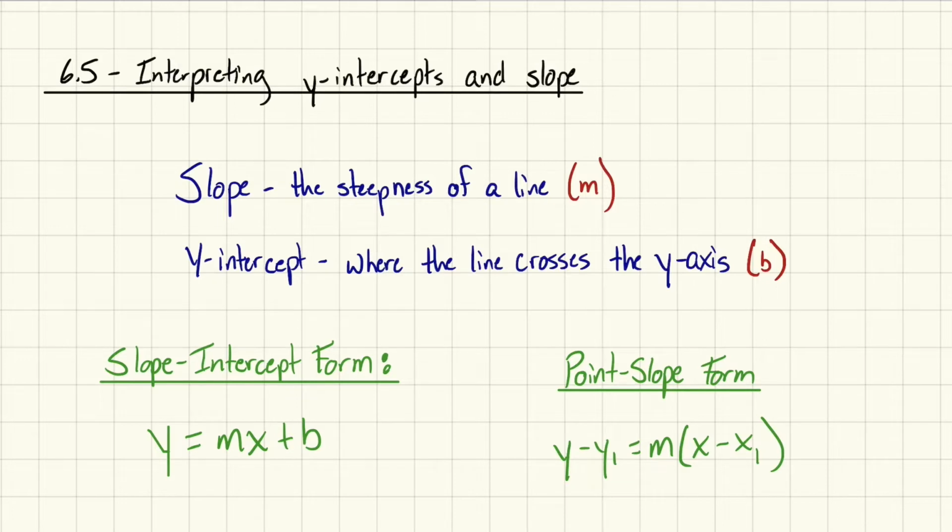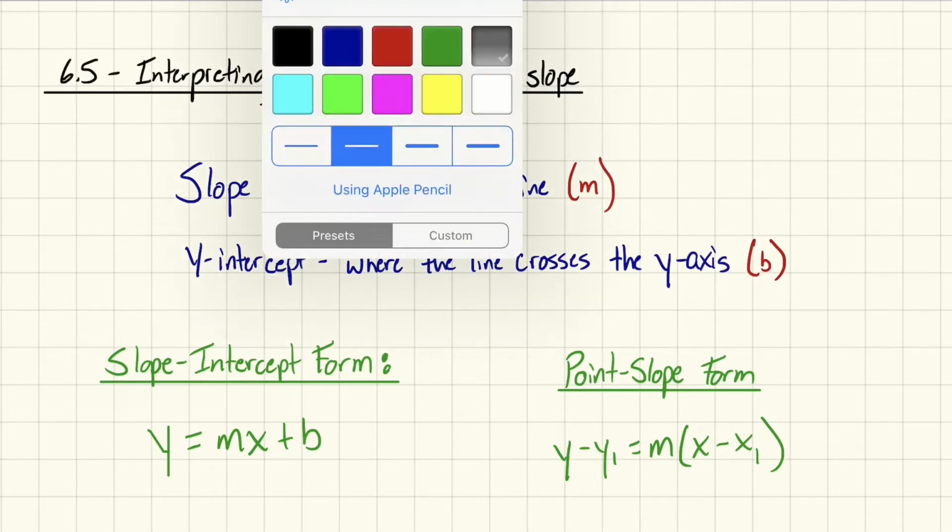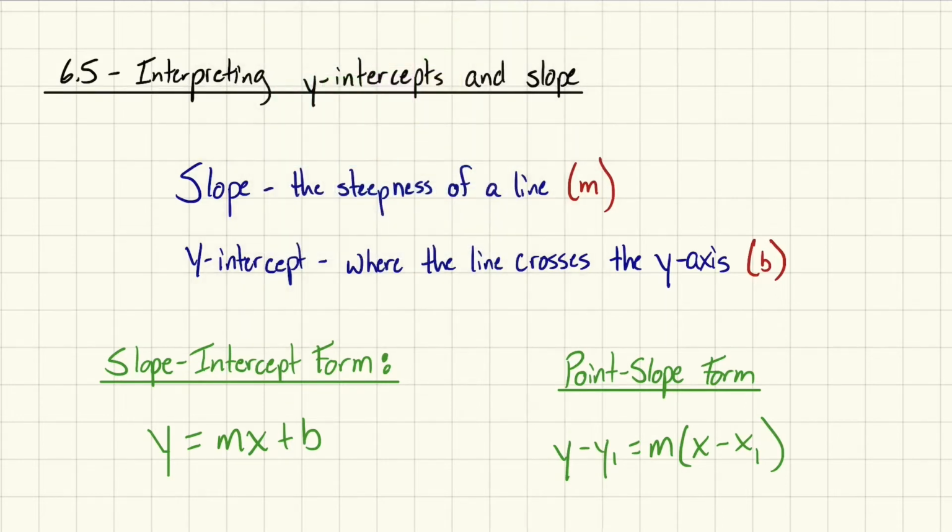So anytime we see the letter b in a problem, we have our y-intercept. In slope-intercept form, we have y equals mx plus b, where m is our slope and b is our y-intercept.